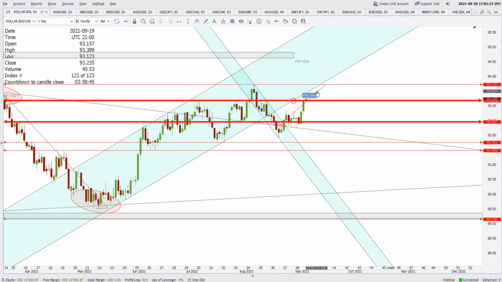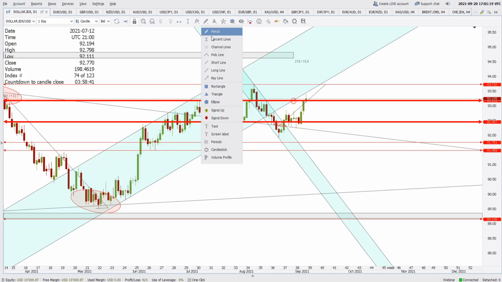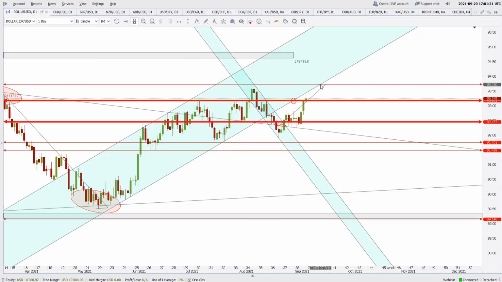Then it will be a confluence of resistances. One is the horizontal resistance, and the second is this rising channel support line, which was broken, and now the price is going to retest this. So if that happens, then expect a lot of sellers entering, or selling the US dollar here.